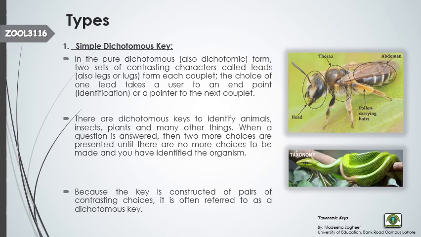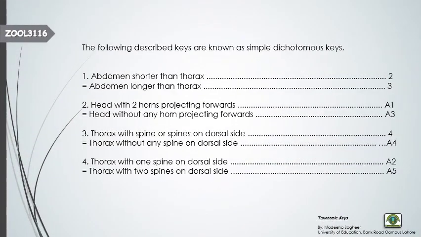Again, because the key is constructed of pairs of contrasting choices, it is often referred to as the dichotomous key. Now the following keys are known as simple dichotomous keys.